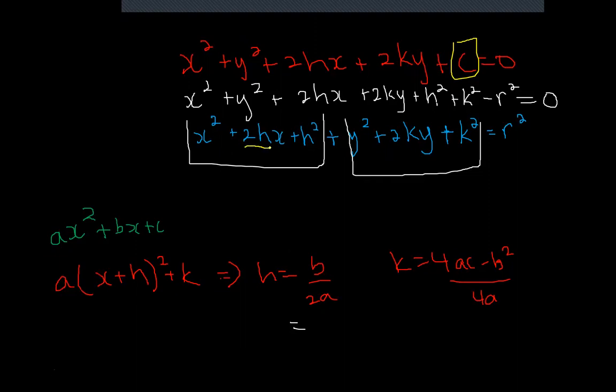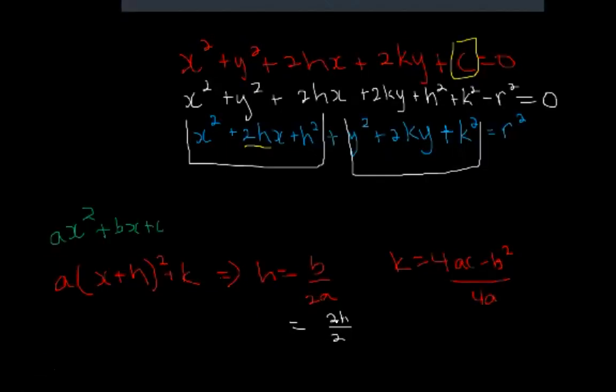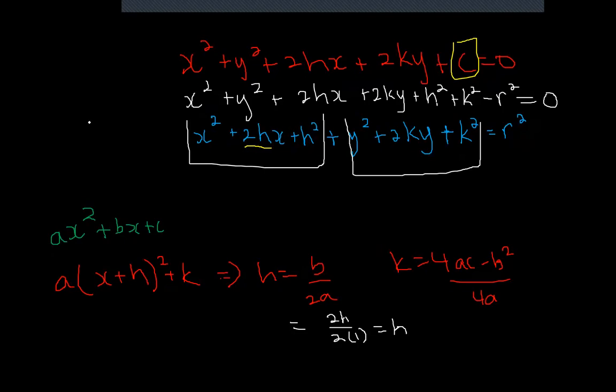The coefficient of x is what comes before x. So b is 2h divided by 2, and we said that a is 1. I would cancel the 2's to get h. A is 1, so we don't need to write the 1, it's understood.